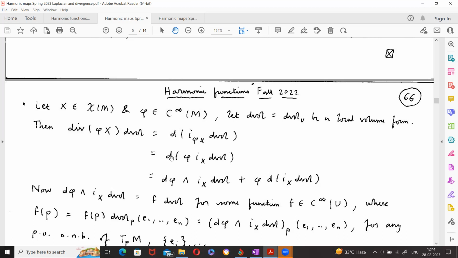So this is the same as d of phi times i_X dvol. Now I can use the Leibniz rule for the exterior derivative: this is d phi wedge i_X dvol plus phi d of i_X dvol.